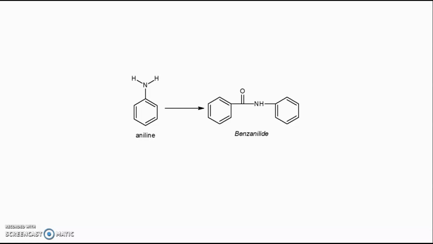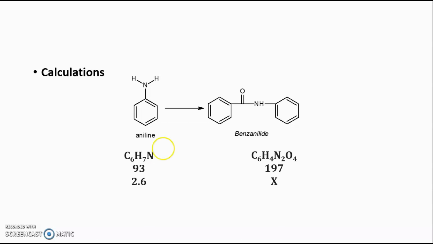Now, this is our normal reaction, where we have synthesized benzanilide from aniline. As you remember, we are going to determine the molecular formula of these compounds. So, aniline has the molecular formula C6H7N. 6 carbon atoms from this benzene ring, then 5 hydrogen atoms present in the benzene ring, because when there is a substitution, hydrogen is not present, as this N will replace the hydrogen present over here.